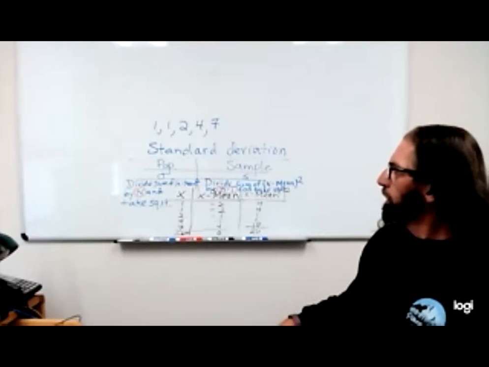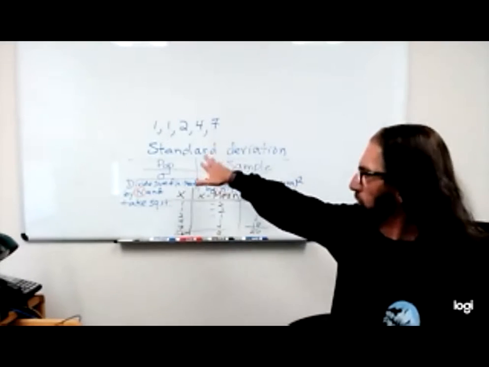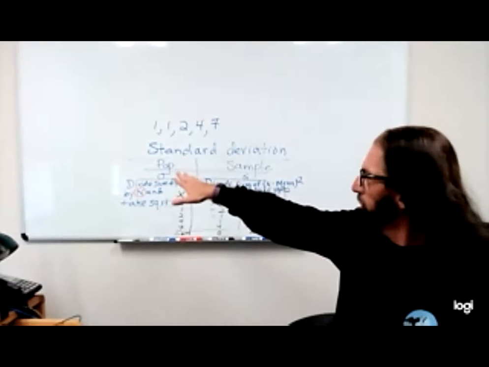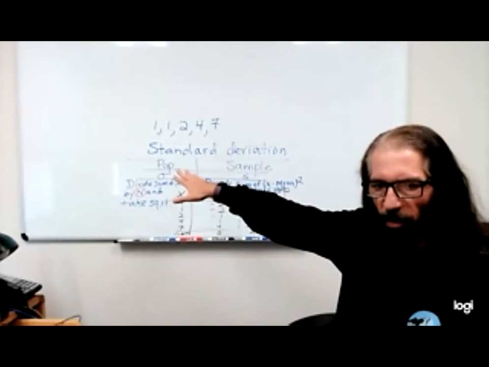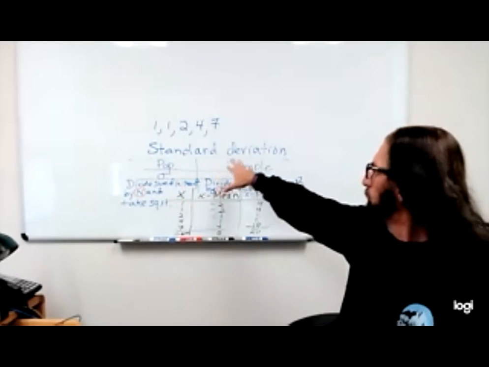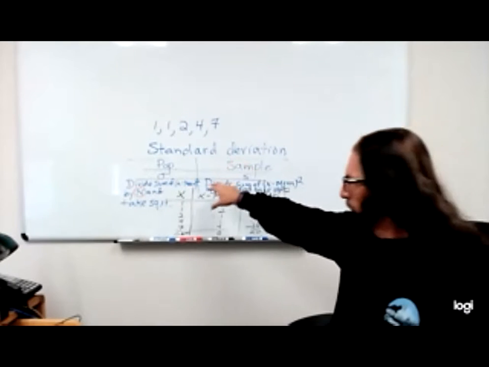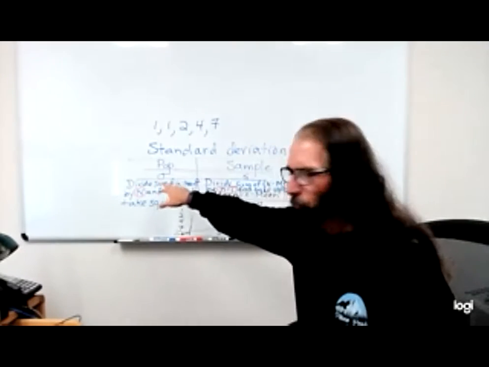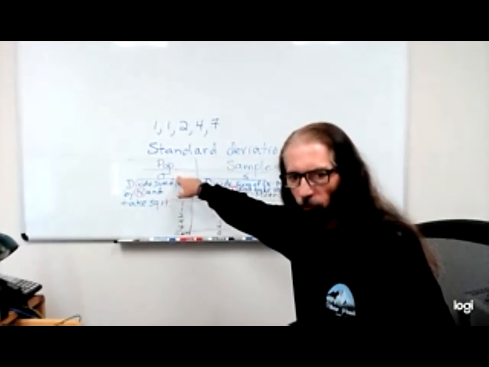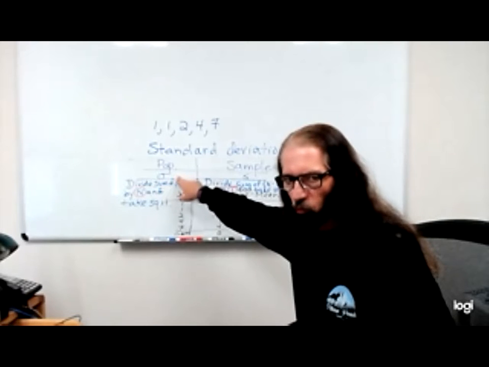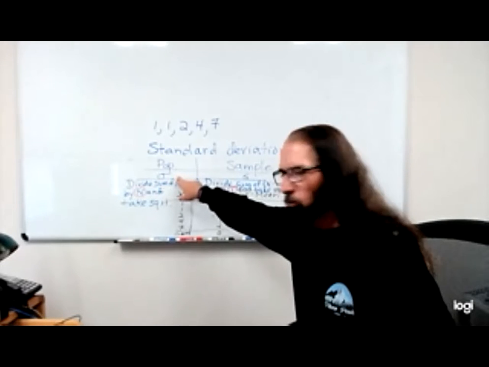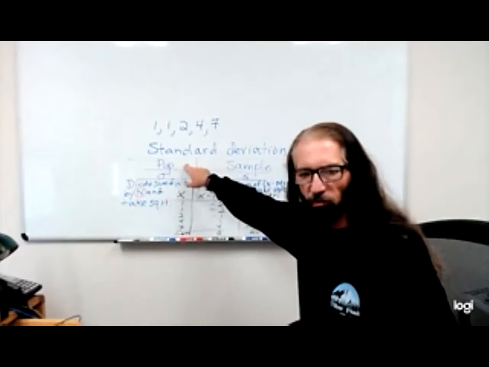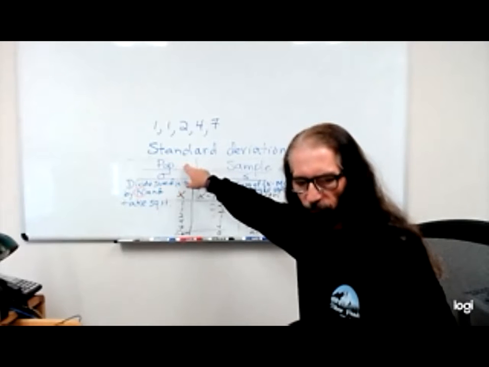Now, where we go after that depends on whether our data came from a population or from a sample. As an important side note, this symbol is a lowercase Greek sigma. That's the standard deviation for population.